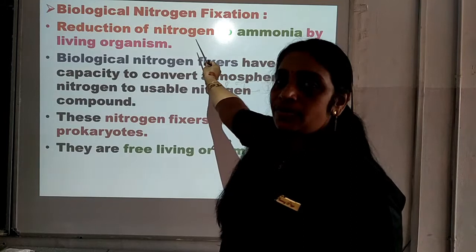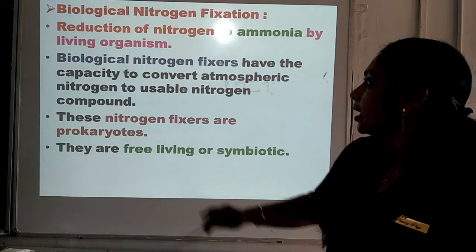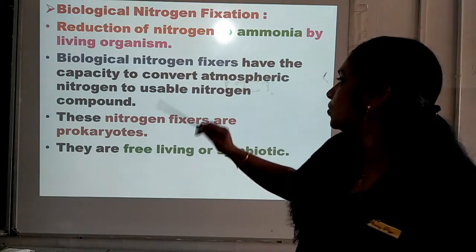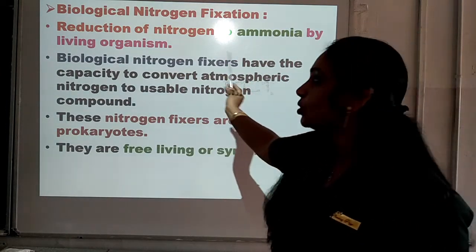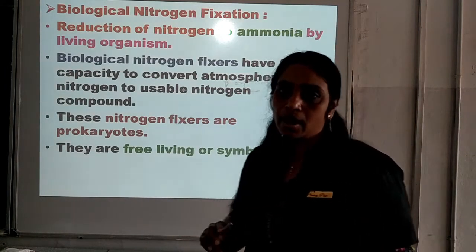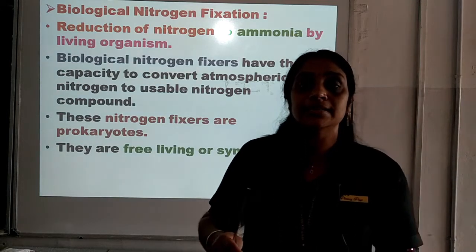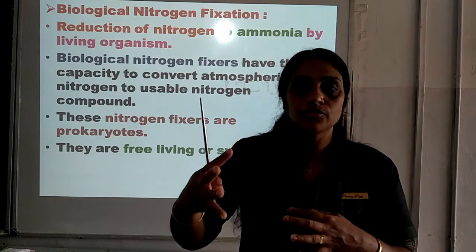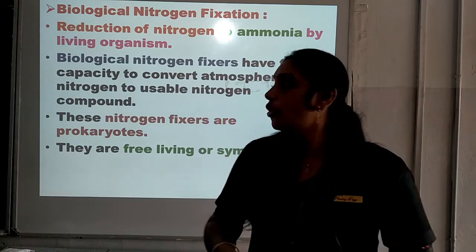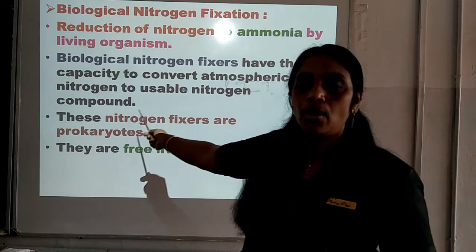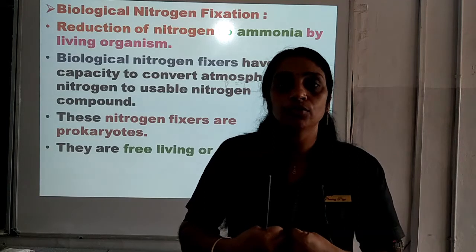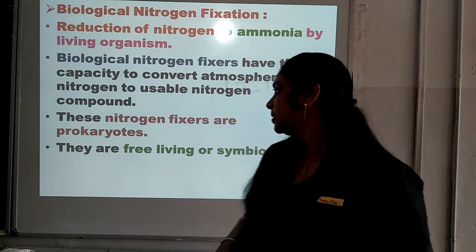The nitrogen is being reduced to ammonia, and there are biological nitrogen fixers doing this process, and they have the capacity to convert atmospheric nitrogen to usable nitrogen compounds. The nitrogen present in the atmosphere will be fixed by these microorganisms in the soil in the form of usable nitrogen compounds, so that the plant will be able to absorb them for their growth and development.